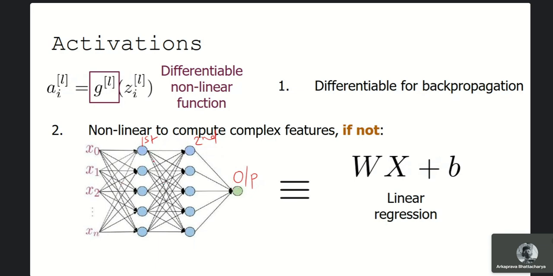And if these neurons are basically using linear activation functions like the identity function, this neural network will simply scale down to a linear regression problem, where you have a linear function between y and X. That is not always the case with real-life data sets.